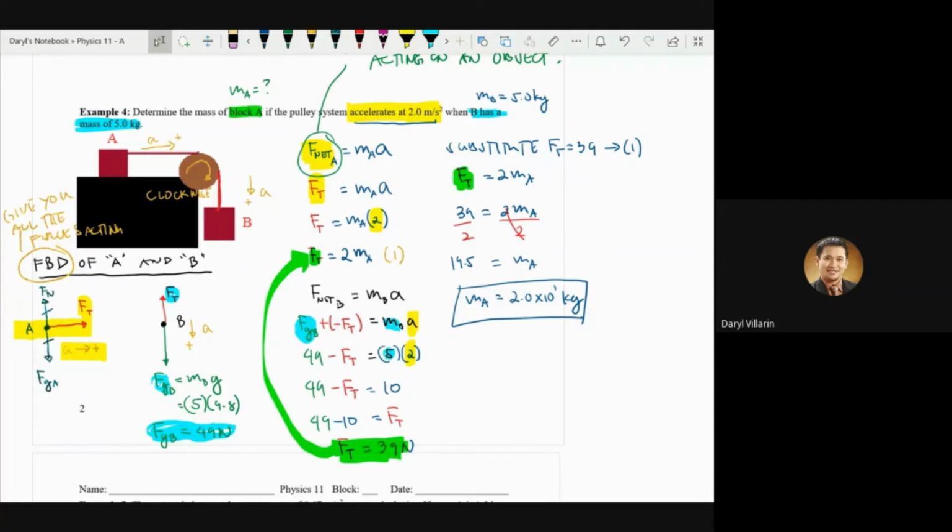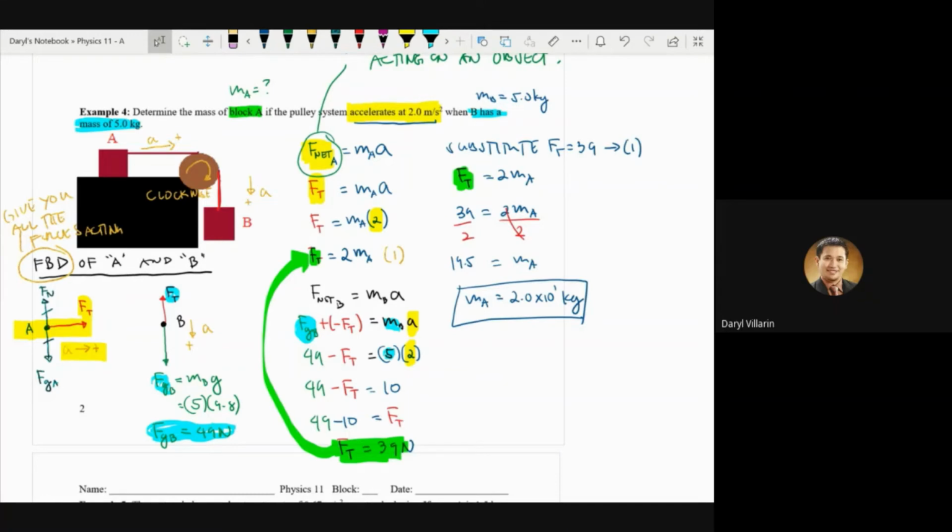So that's why I try to separate the free body diagram of my A and my B. On my A, I'm just concentrating on the horizontal forces because your acceleration only happens on the horizontal component.